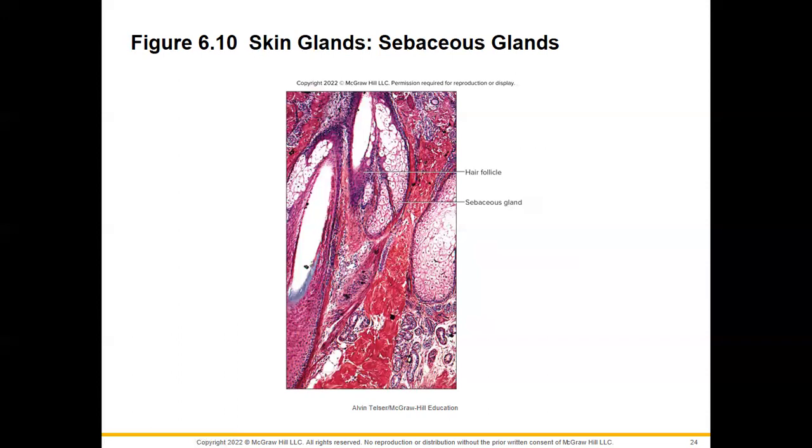So these cells are sebaceous glands, and these are hair follicles next to those sebaceous glands. And these are those cells that are producing the hairs. All right.